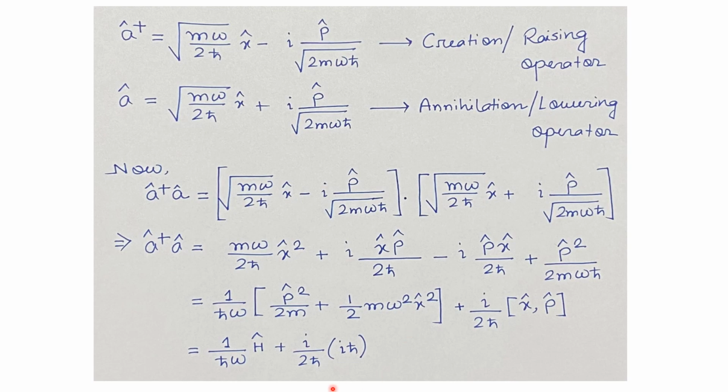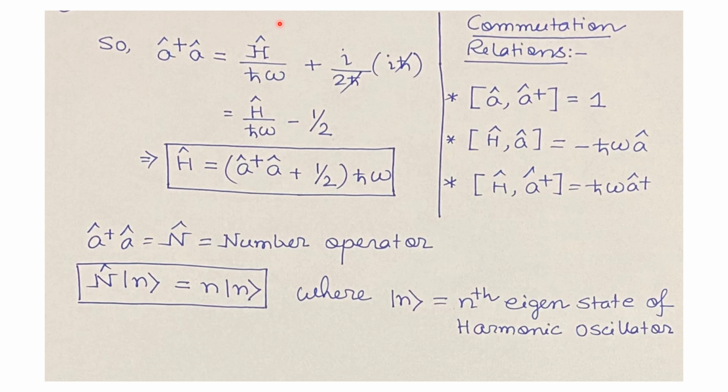So we can write it as h cap, that is the Hamiltonian operator, divided by h cut omega plus i by 2 h cut times i h cut. Here i h cut is coming due to the commutation relation between the x cap and p cap operator. So a cap dagger a cap equals h cap divided by h cut omega plus i by 2 h cut times i h cut.